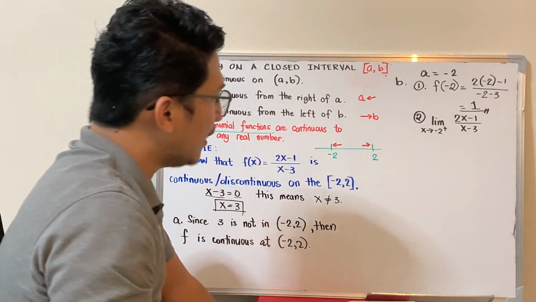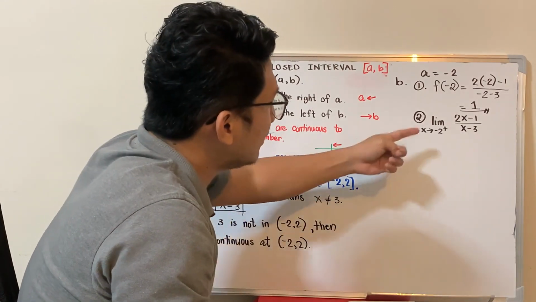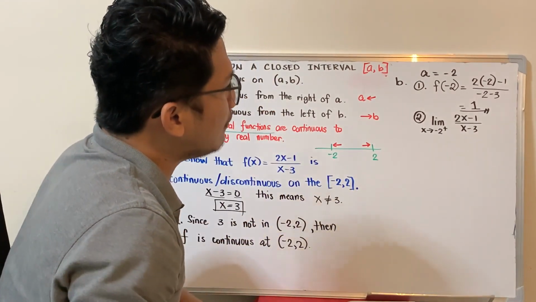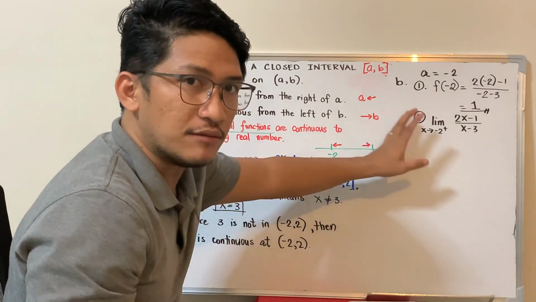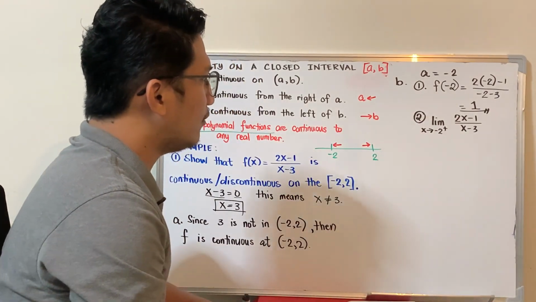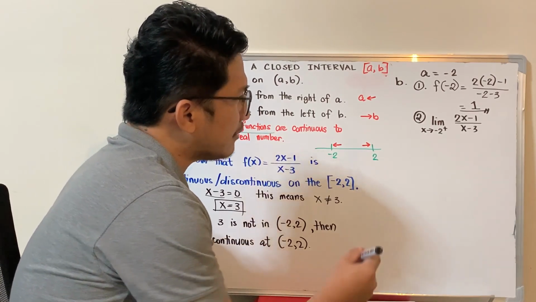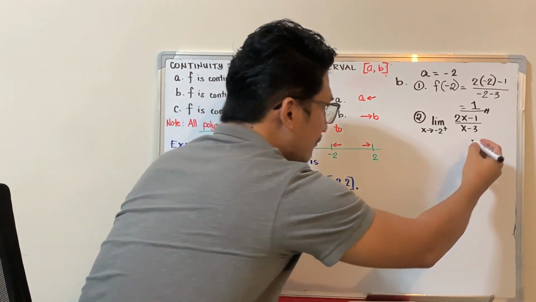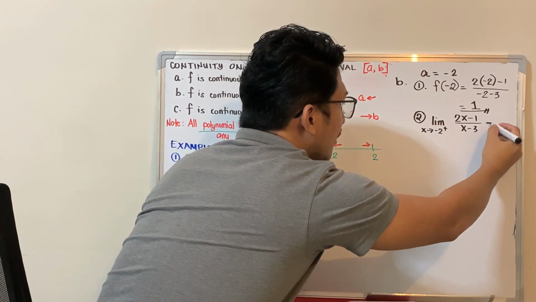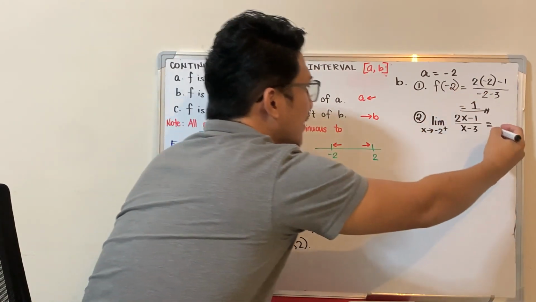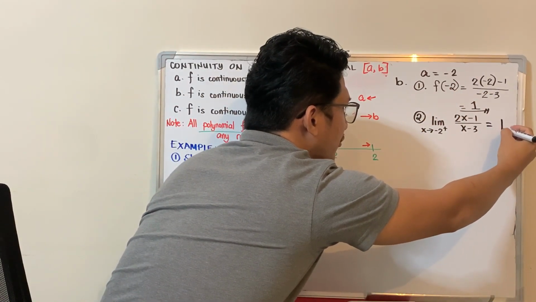Then in number 3, we get the limit. If you use a table of values, that is okay too, but I suggest just substituting right away. It's easy, because when you substitute, we still come up with positive 1.